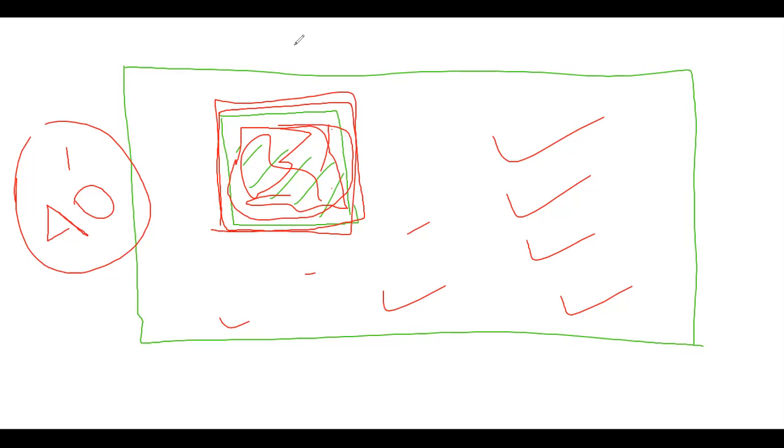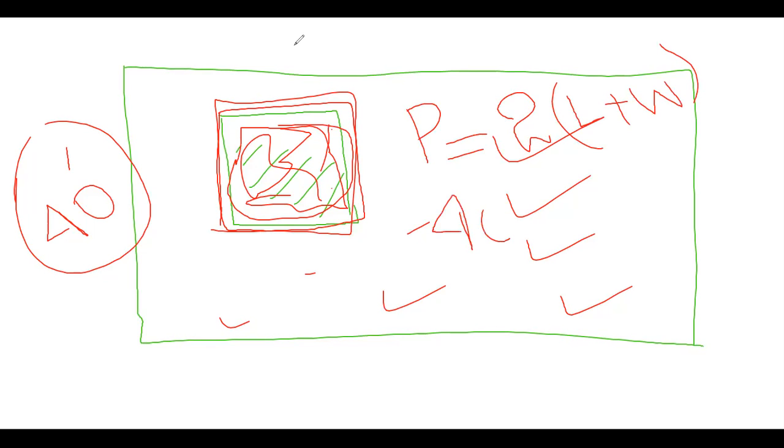This ribbon can be used as the perimeter of the square, and we know the formula of perimeter is 2 into the sum of the length and the width, that's twice. So this perimeter is 40, and L plus W is 20.